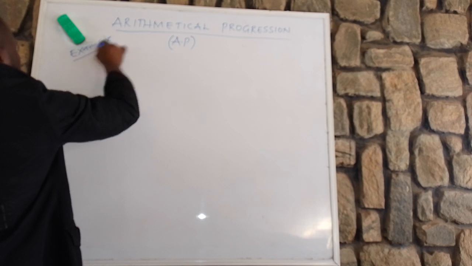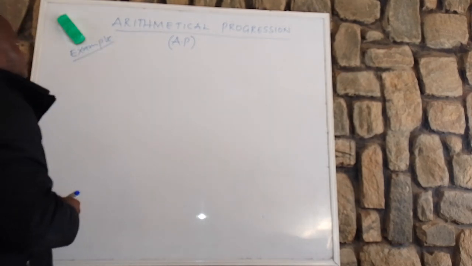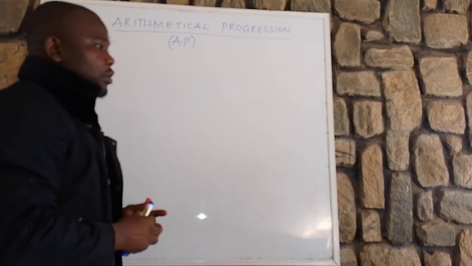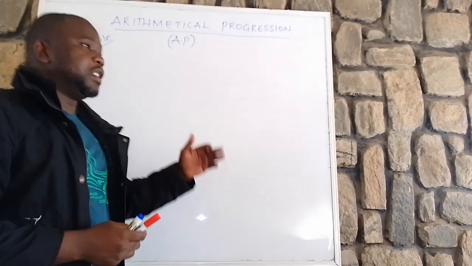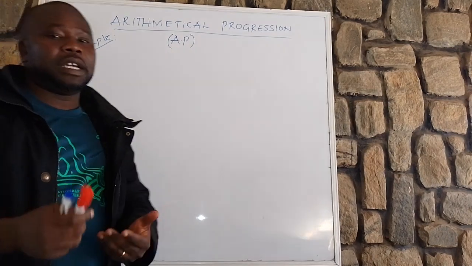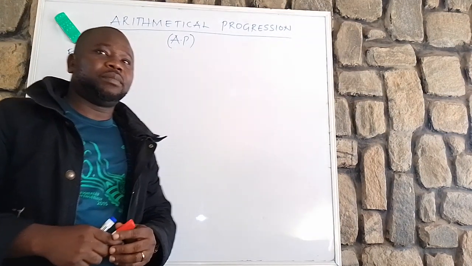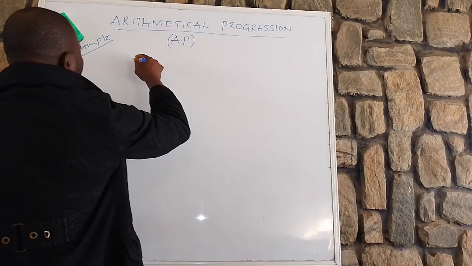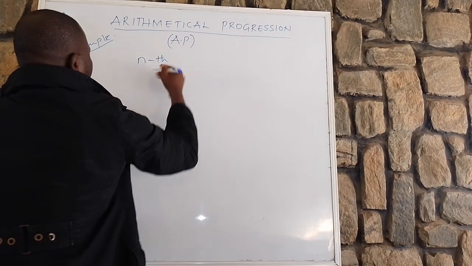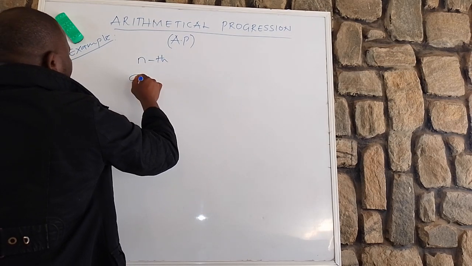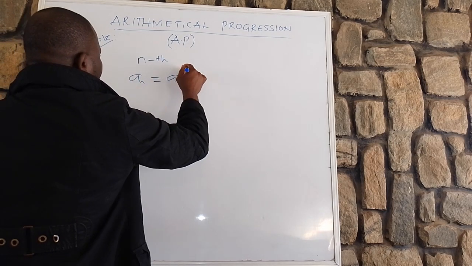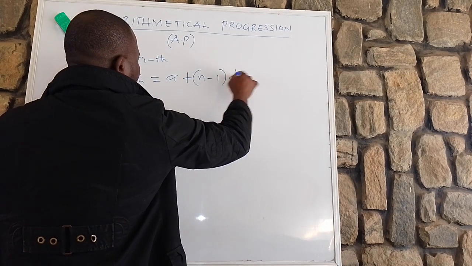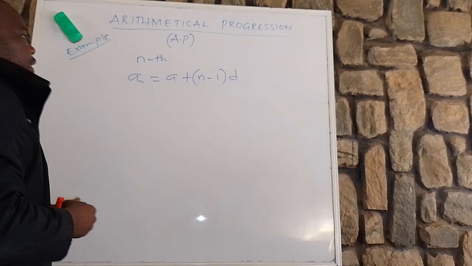Now let's look at one example, as simple as ABC. But before we look at the example, AP, arithmetic progression, has to do with a formula. So before we solve the example, let us look at the formula. The nth term of an AP is given as an equals a plus open bracket n minus 1 close bracket d.